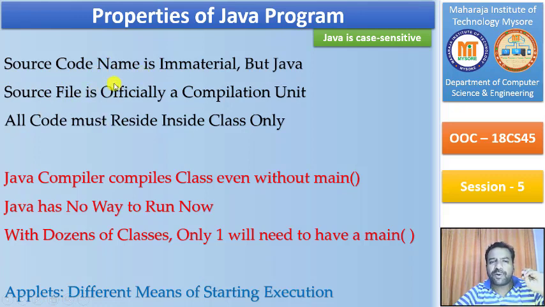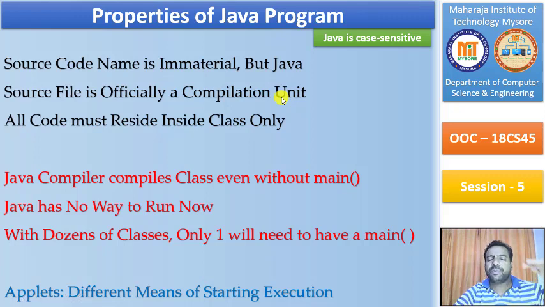The second property is, this is because the source file is officially a compilation unit. When I compile the program, I'm not just looking at the source code, I am looking at the file name also, because every piece of code I compile will be converted to classes. Hence, the source file is officially part of the complete compilation.